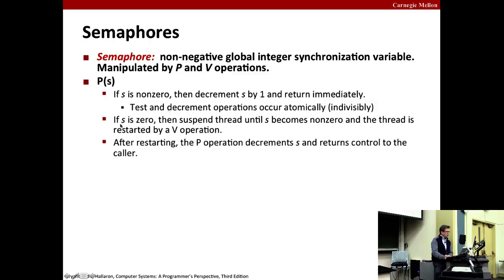However, if S is 0, then suspend this thread until S becomes non-zero, and that thread is then restarted by a V operation. So if the semaphore is 0, P just blocks. It gets suspended until it gets restarted by a V operation. Then after it restarts, the P operation can decrement S by 1 and return control to the caller.